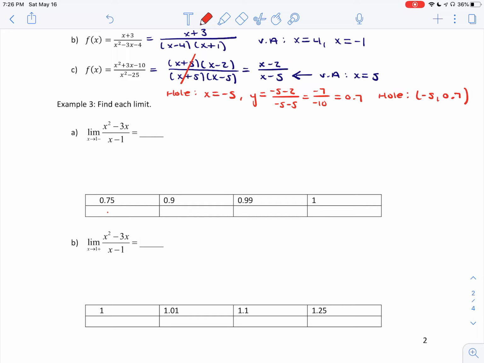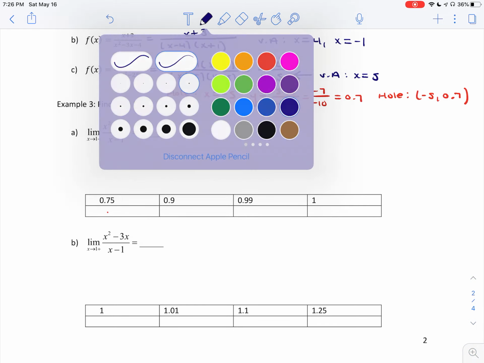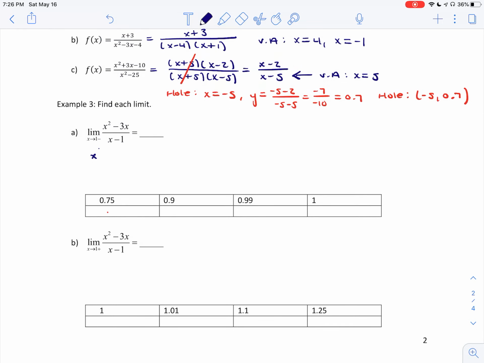So let's go ahead and start factoring this. x squared minus 3x over x minus 1. In the numerator, we can pull out an x from everything. Okay, we got our function factored. In this case, there's nothing to cancel.